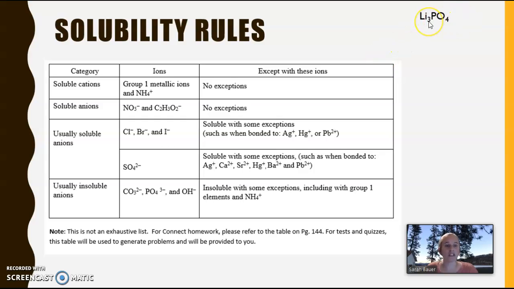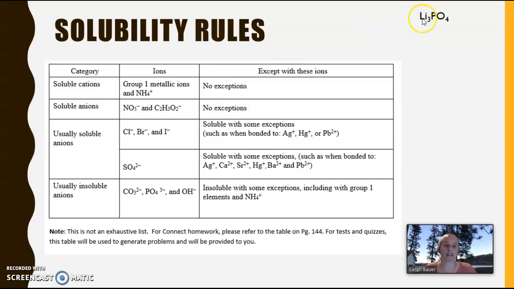So if I'm going to determine whether or not lithium phosphate is likely to be soluble in water, I want to start by looking at the cation, and that's the first one listed. It's usually a metal, so lithium. I want to check that first because you'll see in this very first category, soluble cations, it says that group 1 metallic ions and then the polyatomic ion ammonium are soluble with no exceptions.